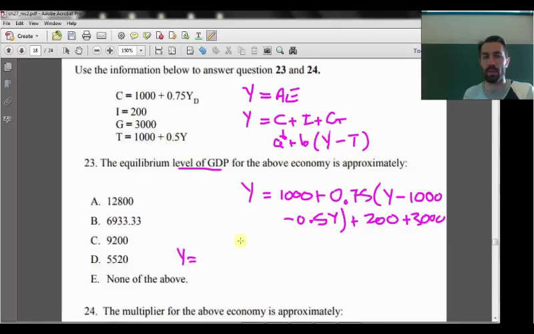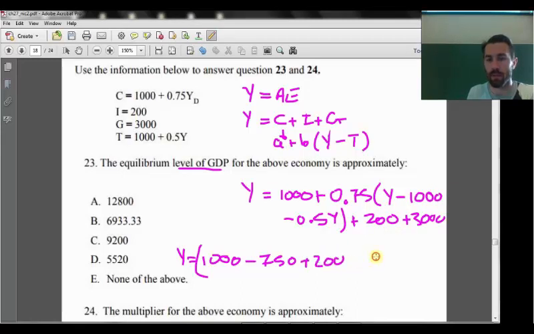Y is equal to, first I'm going to get my autonomous components: 1,000 plus 0.75 times minus 1,000, so it's minus 750, plus 200, plus 3,000.